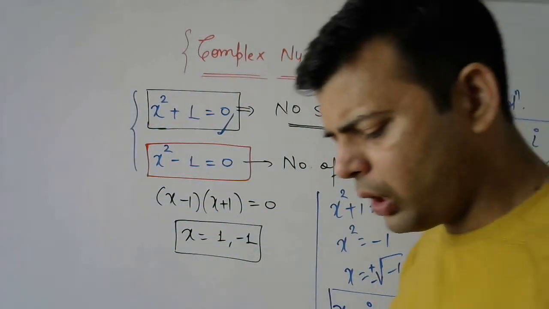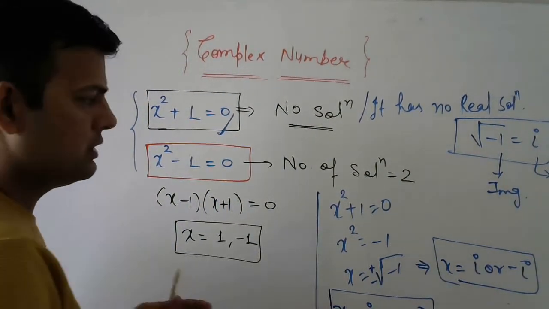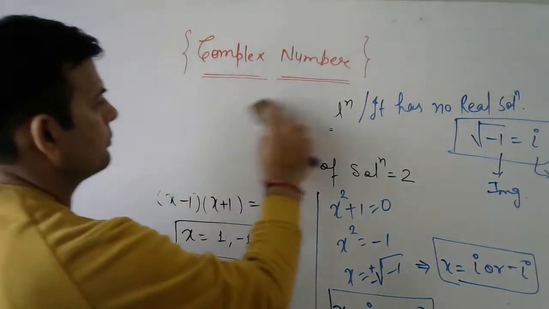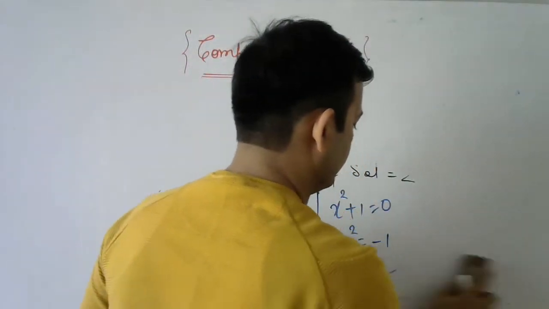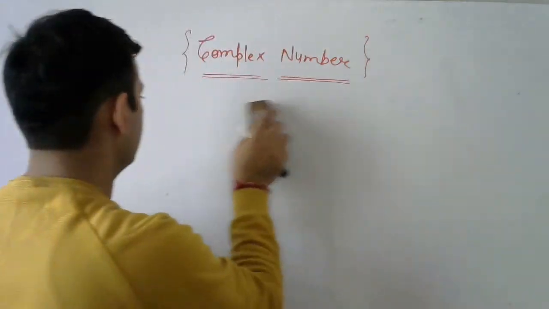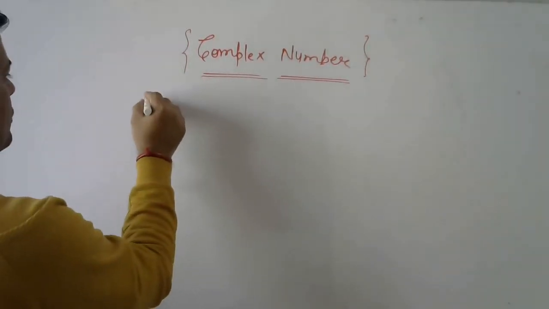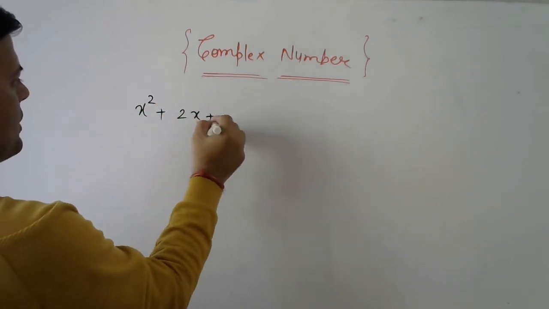Now I also take an example of another quadratic equation. See here, x square plus 2x plus 2 is equal to 0.